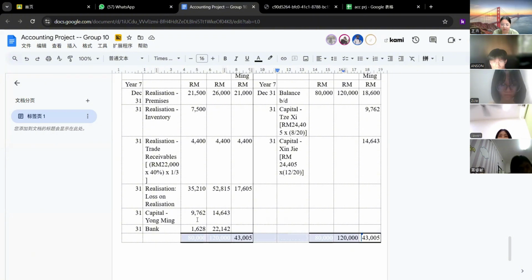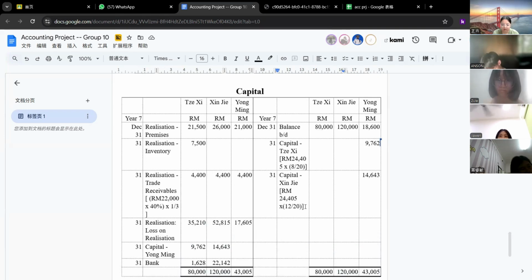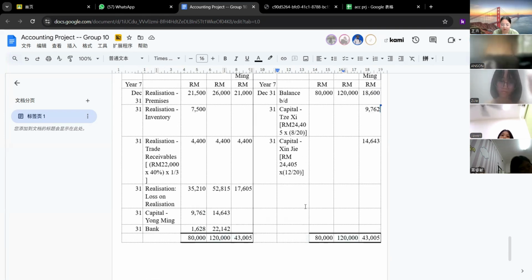And lastly, we can see that our capital account is also already balanced and we will get 80,000 on Zixi's side, 120,000 on Xingjie's side, and 43,005 ringgit on Yongming's part.